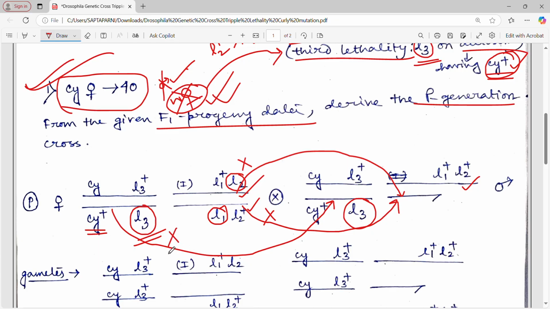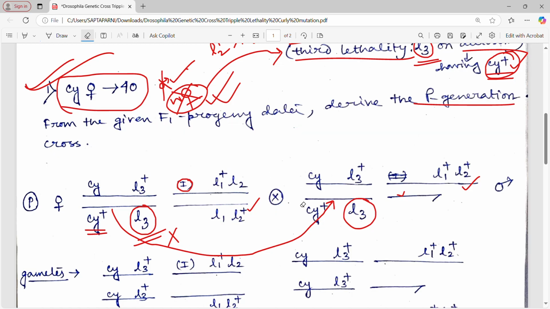Got it. One question may arise in your mind: why have I put an I here? Let me first delete all these things, then I can tell you. The L1 and L2 are present on the same chromosome and they have a tendency to recombine. To stop this recombination between the L1 and L2 loci, we have put the inhibitor of recombination here, so that L1 plus L2 plus and L1 L2 could not be formed by recombination.